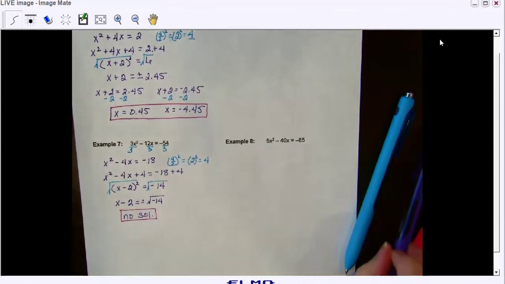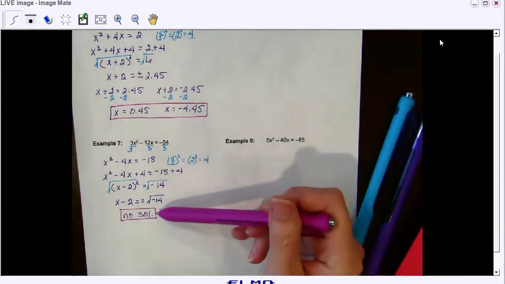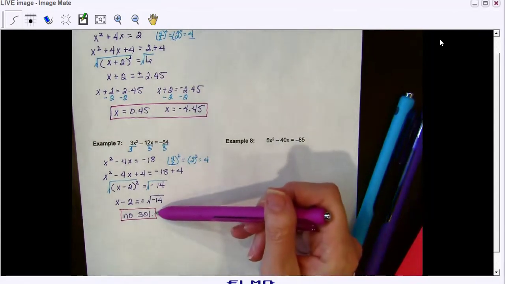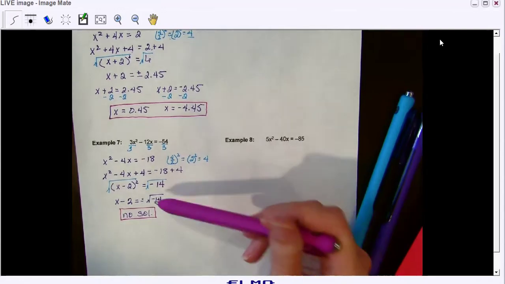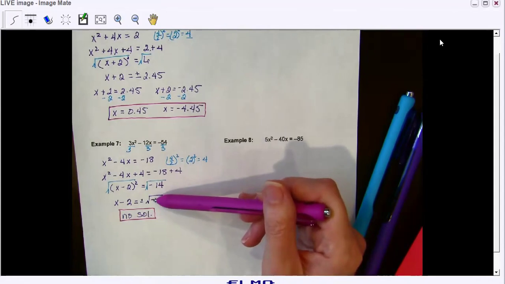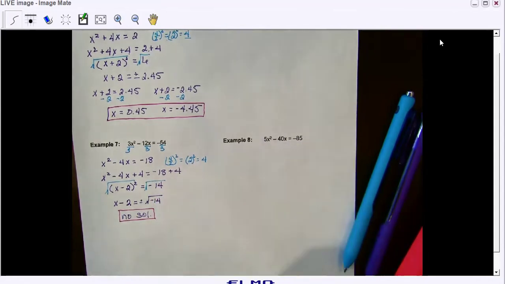So for those of you who skipped through the video and just saw the answer and you're like, what? Why is it no solution? And you ended up square rooting 14 and trying to solve it. Anytime you have a negative inside of a square root, that means that you are going to have no solution. Now, when you get into higher math and you're dealing with imaginary numbers, you might have a different answer.